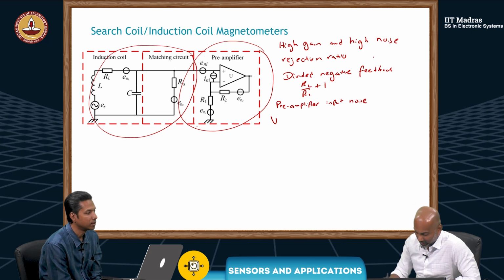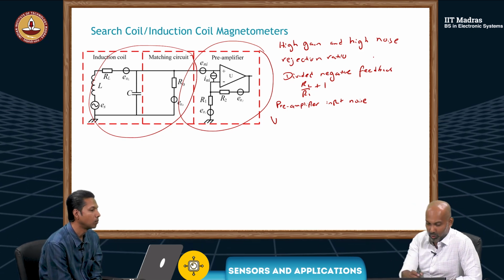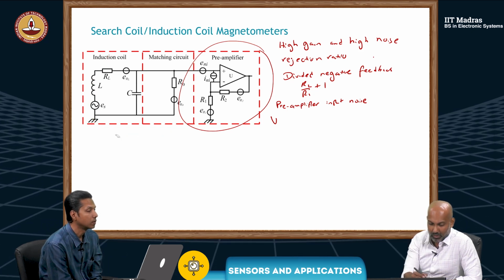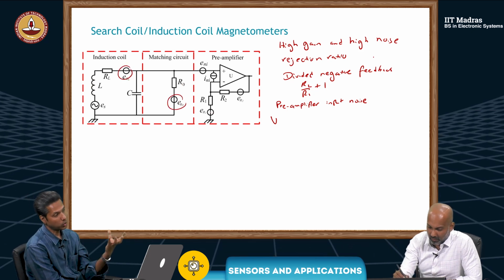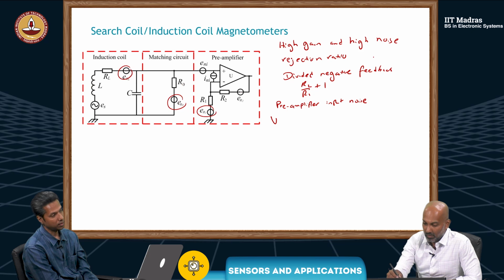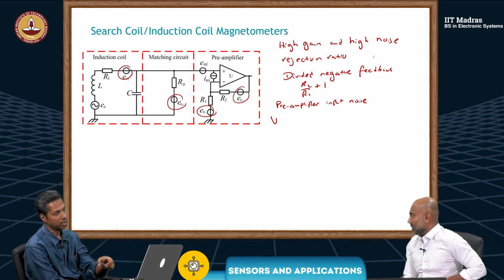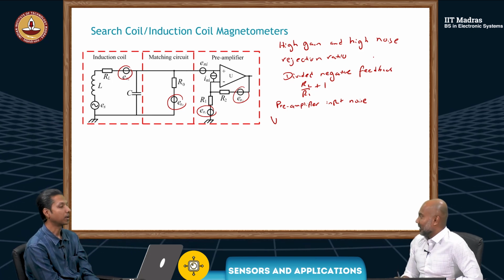Those sources are the equivalent noise voltage. You're talking about ER, right? These are the noise sources that you are representing. If you have a resistor that has some thermal noise, that is shown here.